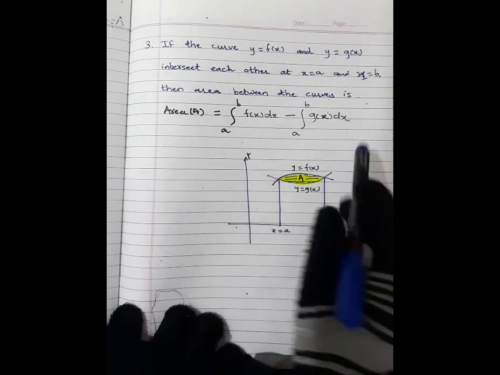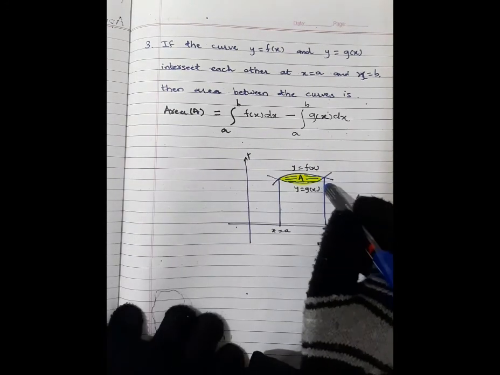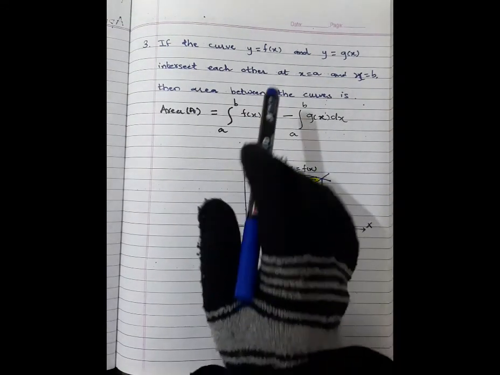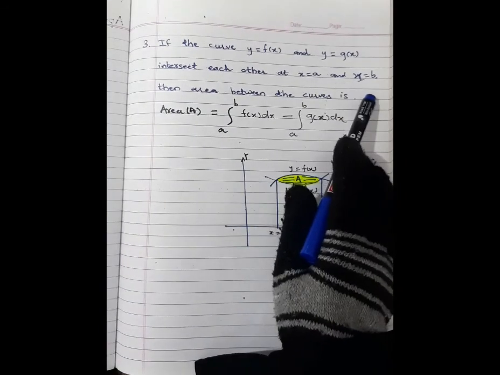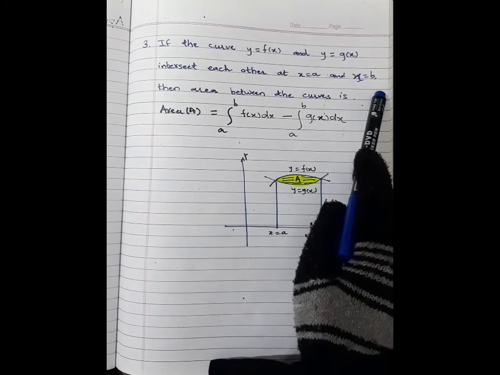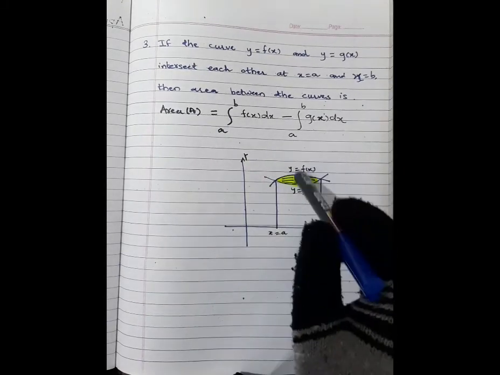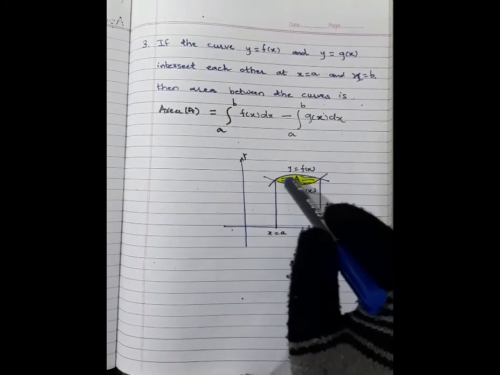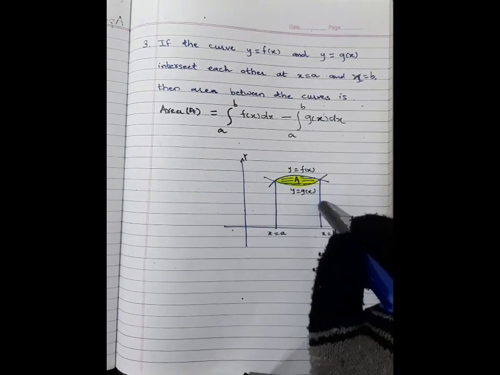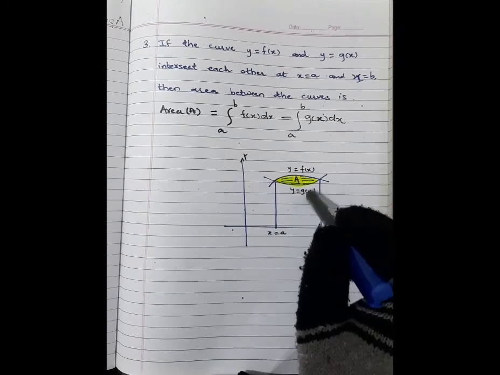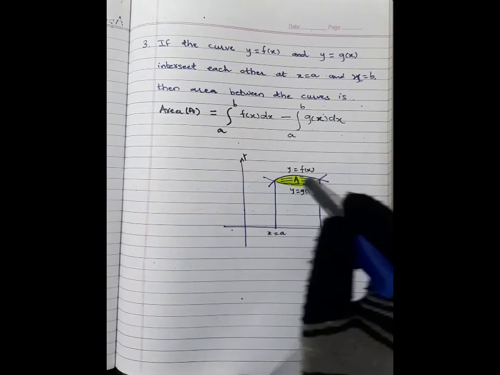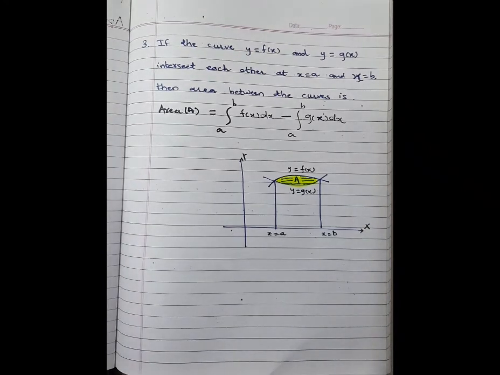So this is the area of the intersection part A. Here, given two curves y is equal to f of x and y is equal to g of x intersecting each other at x is equal to a and x is equal to b, the area between these two curves is nothing but the upper curve area f of x minus the lower curve area g of x, which is the area of the intersection part. Getting?